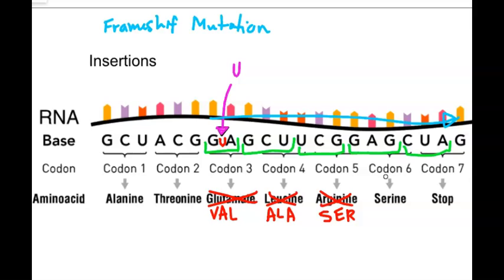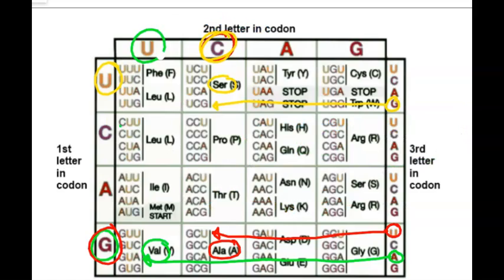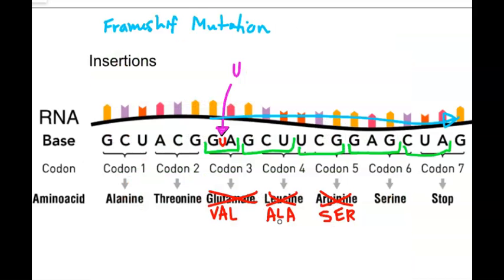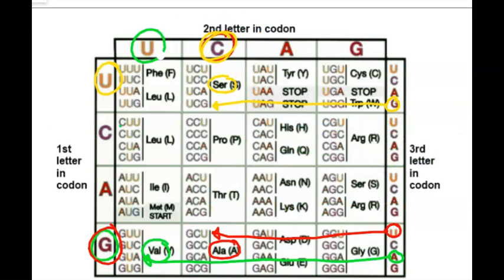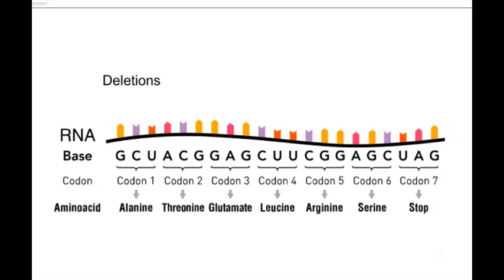How about the next one, GAG? What would that end up being? G, A, and then G is going to end up being GLU. And then we have CUA. CUA is going to be leucine.